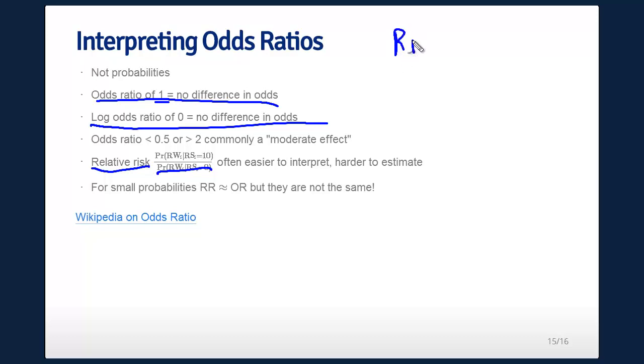There is something called relative risk regression, and that's when you want to interpret relative probabilities rather than relative odds. Sometimes people like it better because people want to say there was a 10% increase in probability rather than a 10% increase in odds. Personally, I like the odds.